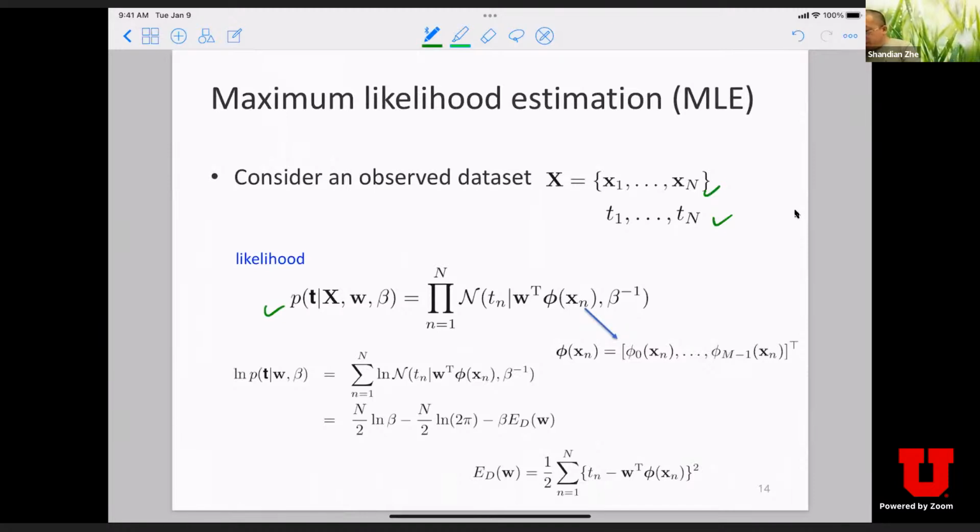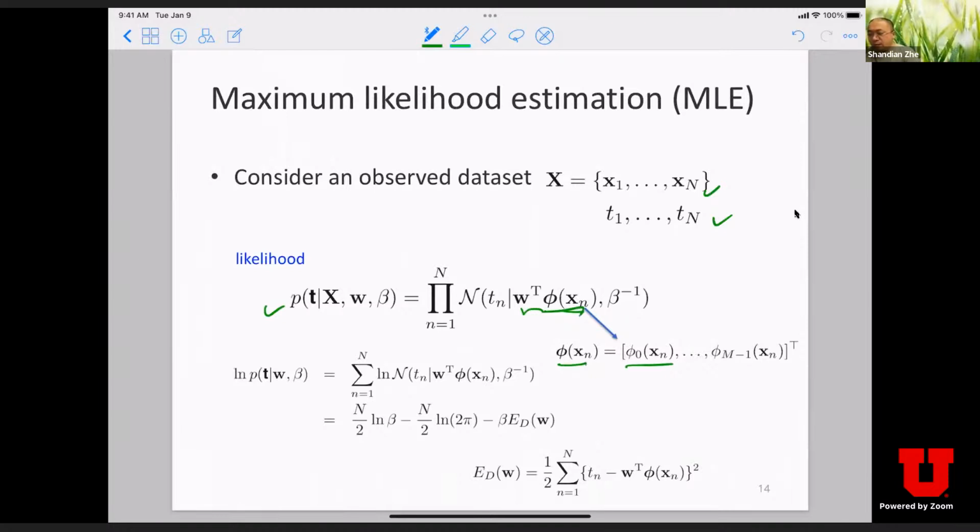And here, for convenience, we put the basis functions all together into a vector. So phi of xn, this bolded one, means the transformed feature vector, or the output vector of all the basis functions, so that we can write the mean as the inner product between w and this transformed feature vector.